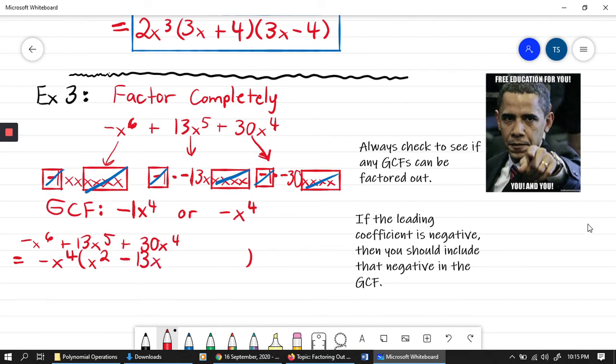And then from the last term, we have -30 left over. Sorry, actually we have no x's left over from that last term. So when we factor out the GCF there, we wind up having negative x to the fourth on the outside, and then we have x squared minus 13x minus 30.